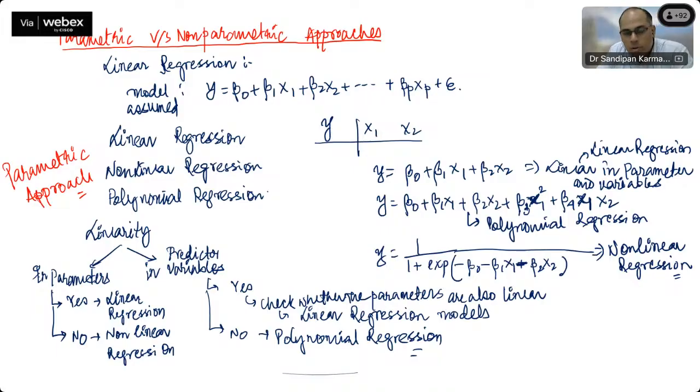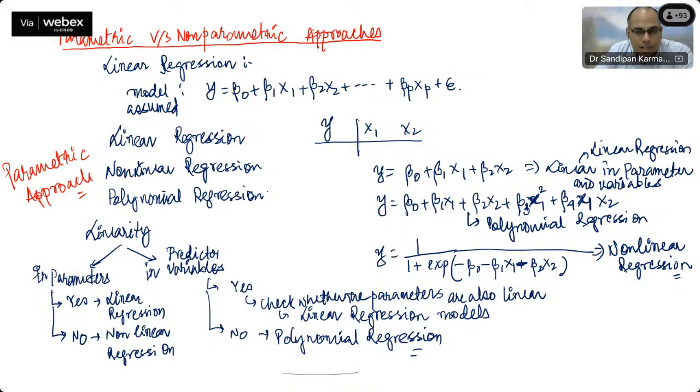Why parametric approach? What do you understand by parametric approach? That I am identifying manageable parameters for the model, and I am working on that particular data set. So what do you understand by non-parametric?